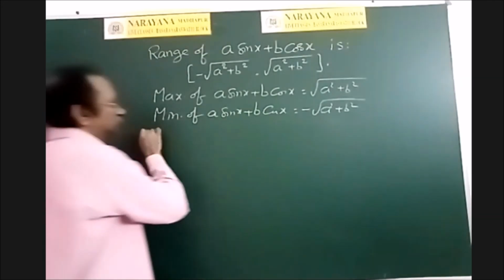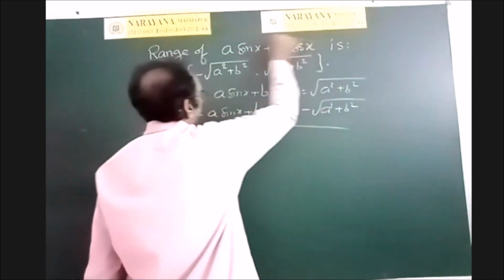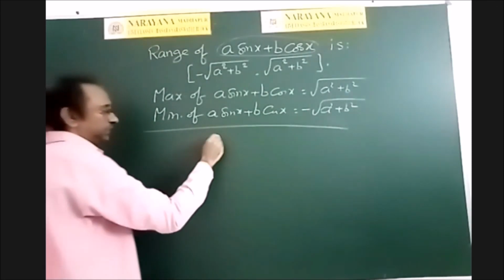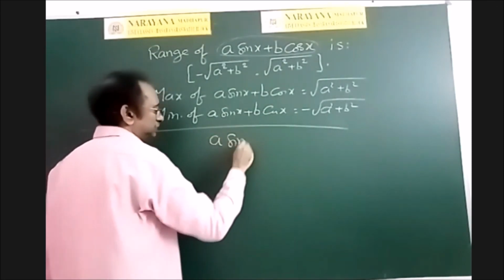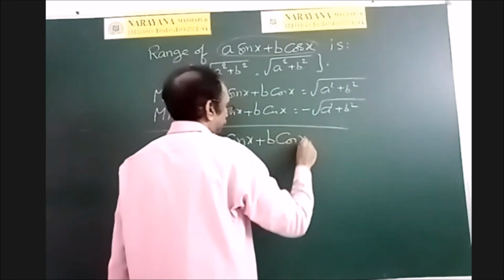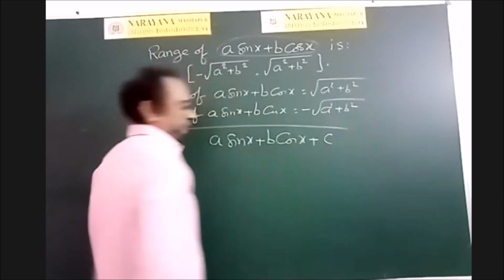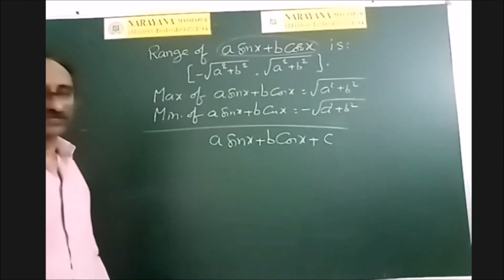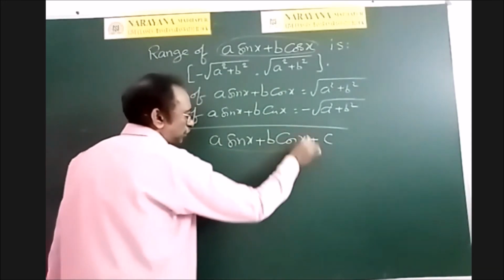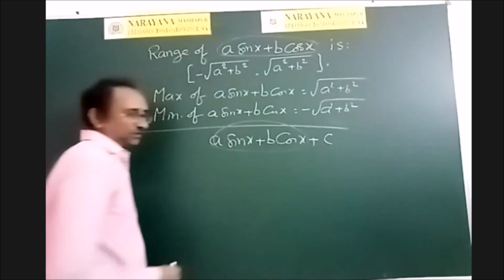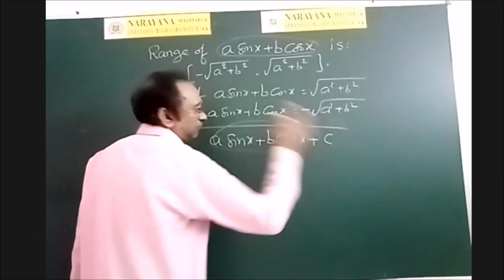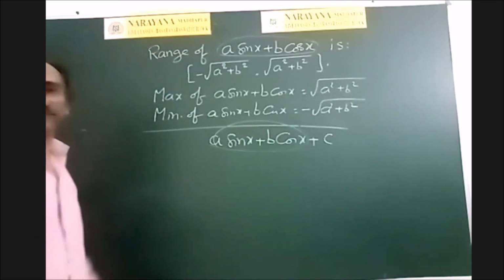And suppose for this function some constant is added, that is a sin x plus b cos x plus c. What is the range of this? What is the maximum value of this? It's nothing but maximum of this plus c will give you the maximum of this function. Minimum of this plus c will give you the minimum of this function.